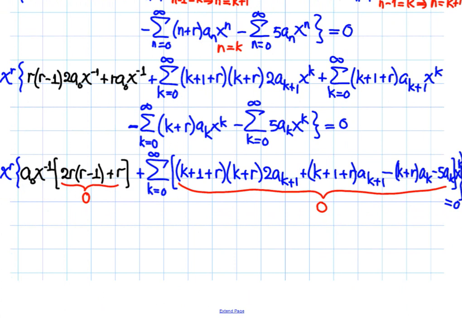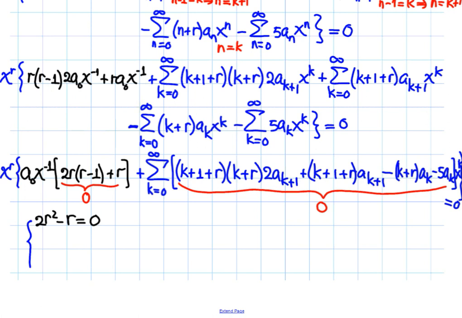Two things have to happen. First, the equation in black, we have 2r squared minus 2r plus r, so minus r equal to 0. That first thing has to happen. By the way, that is the indicial equation. And then the second part in blue has to be equal to 0.